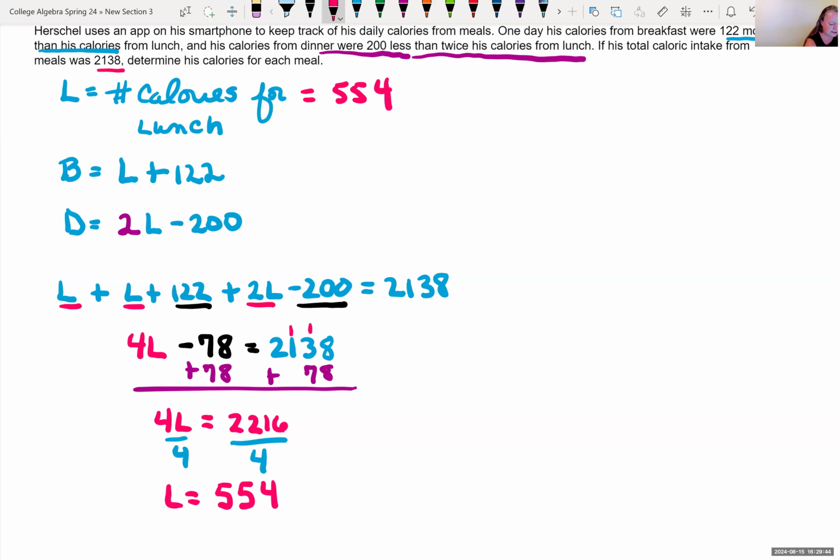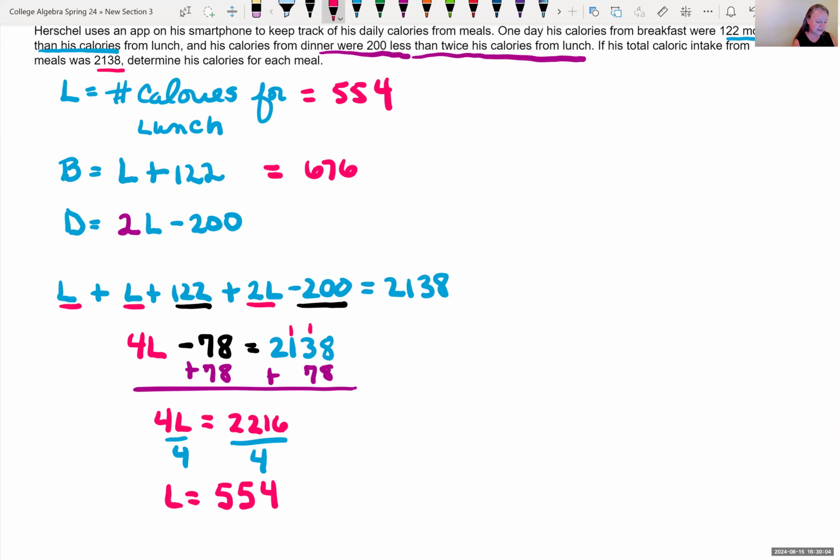554 calories for lunch. They had 122 more than that for breakfast. So let's add 122 to that. So that would be 676.